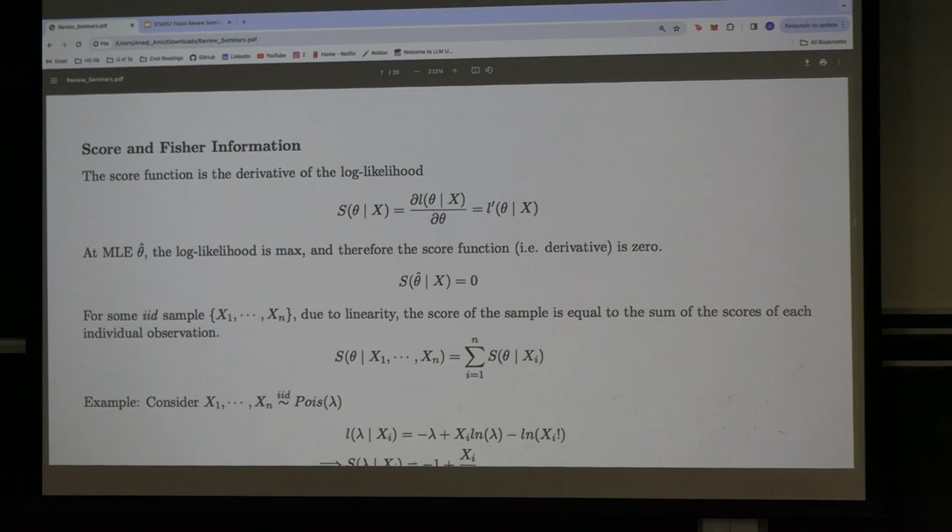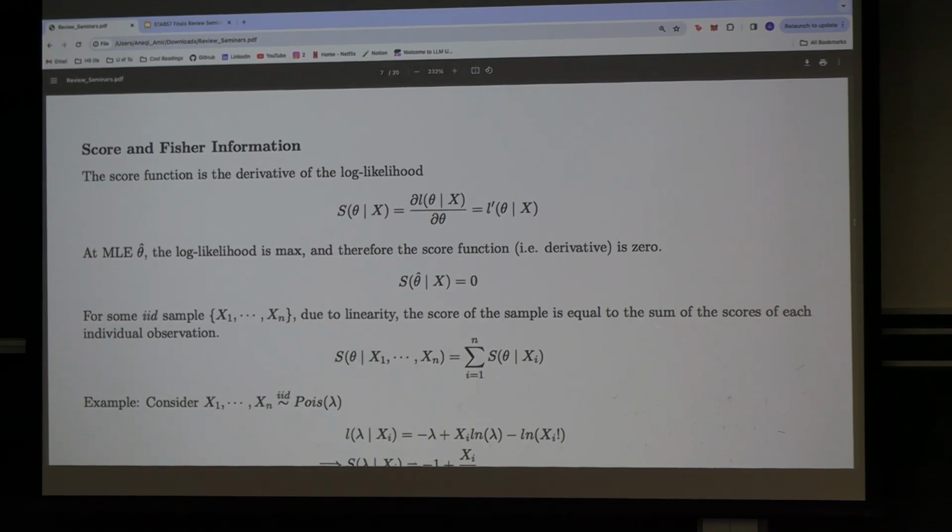So I have this partial derivative over theta of the summation of the log of f theta given x.